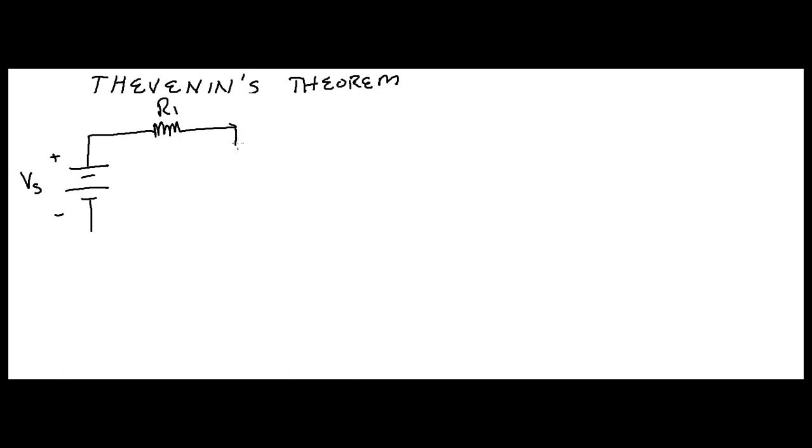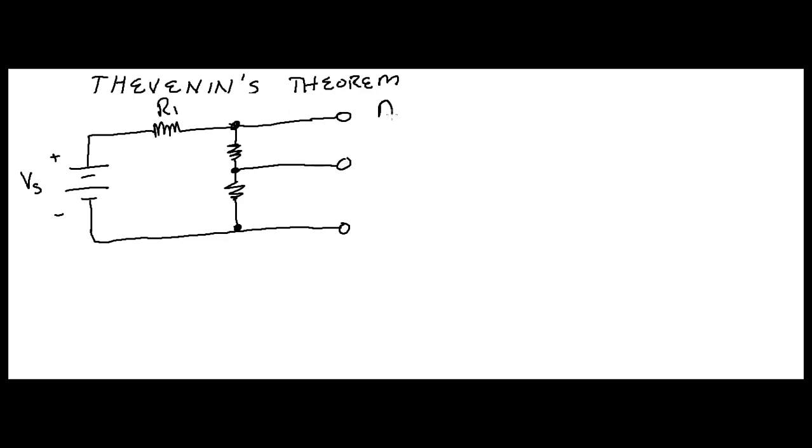Now, here's where it gets interesting, doesn't it? Resistor here, come down. Those two are connected. Here's open. Open. Hey, why not? Open. This is A, this is B, and this is C, right?